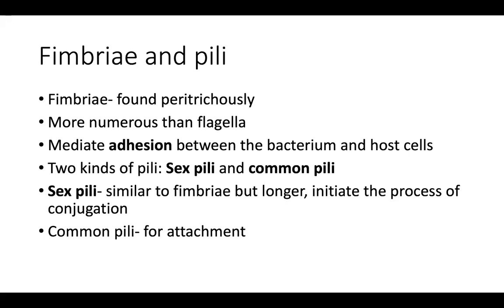For example, plasmids. Remember, we said plasmids are extrachromosomal genetic material, and these plasmids can actually be shared between different kinds of bacteria, and that is what we refer to as conjugation.